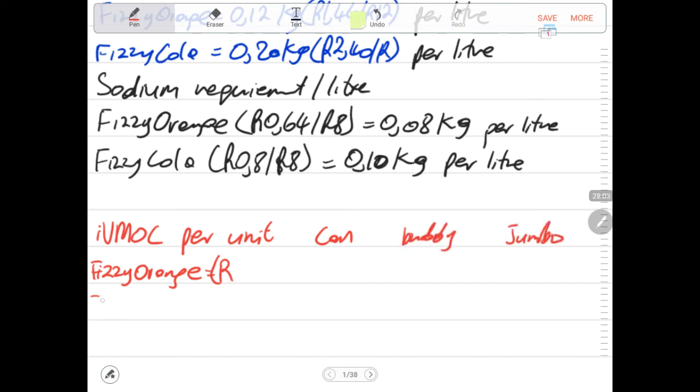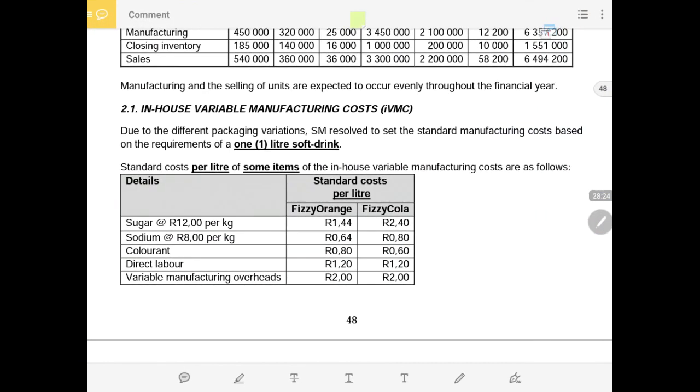I need for all of them. Then for fizzy cola, we have the can, the body, and the jumbo. So now we need to calculate the total cost per liter for all of them. Then after, we allocate according to the product variation.